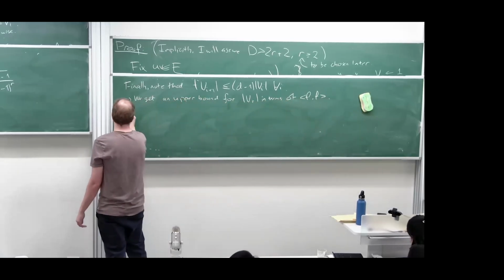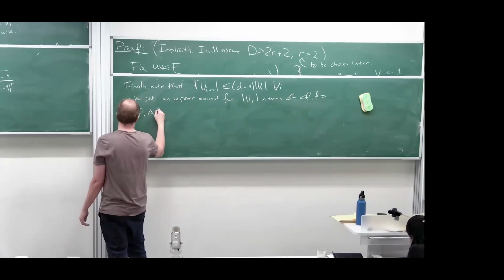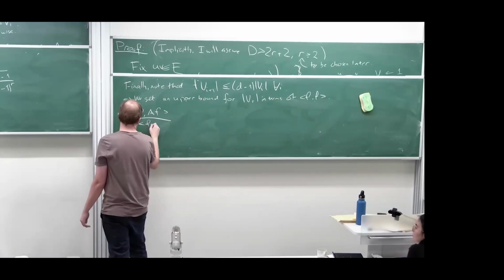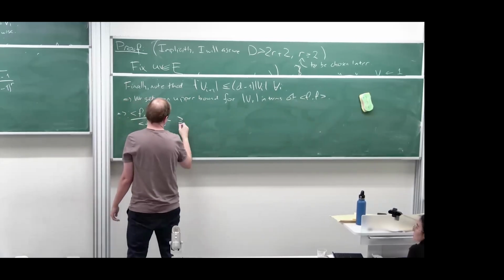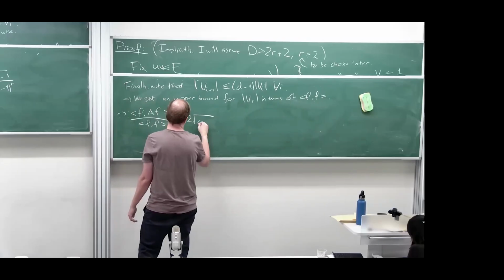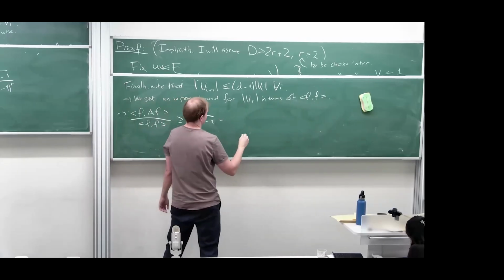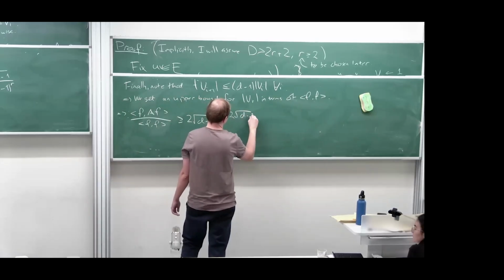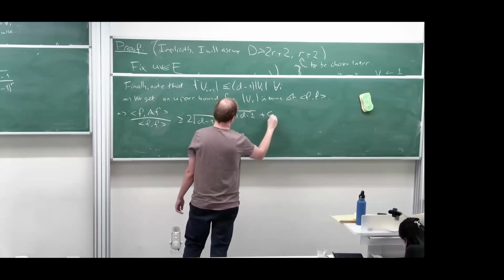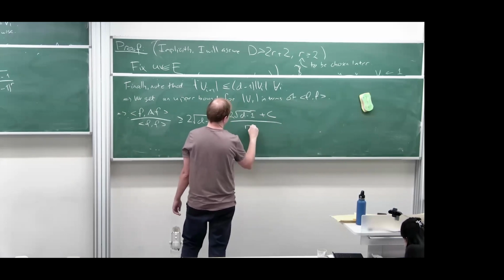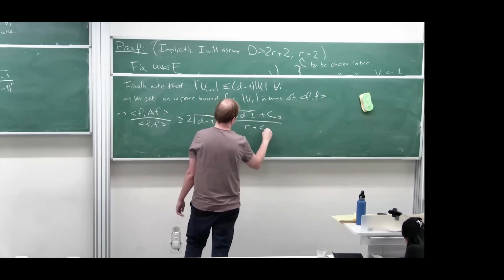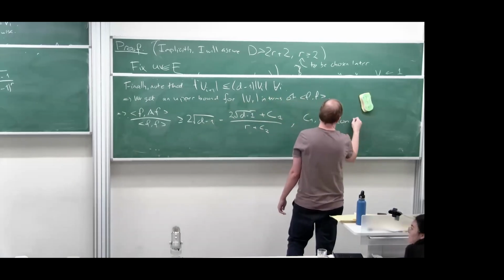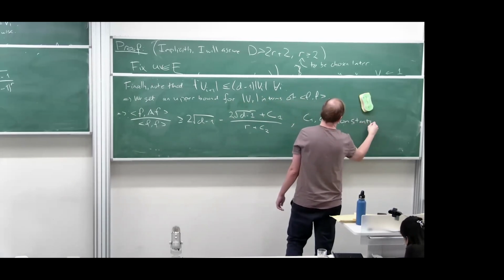So we conclude that this ratio is at least 2 times square root of d minus 1 minus 2d minus 1 over r, up to constants.